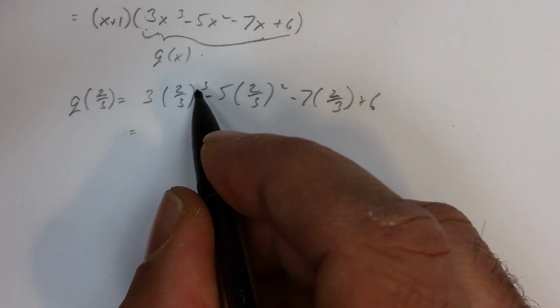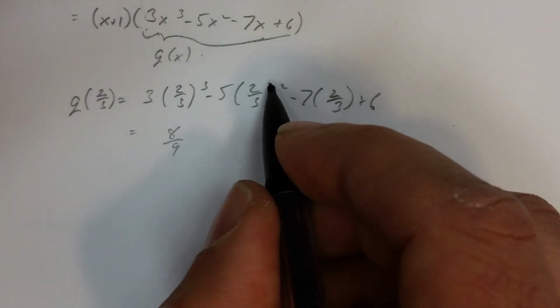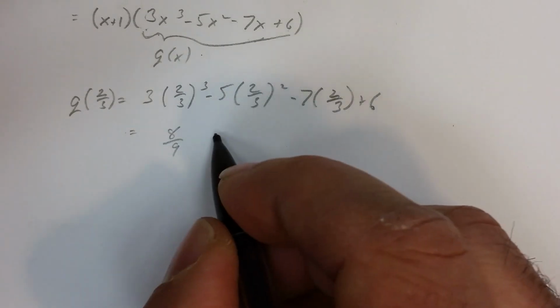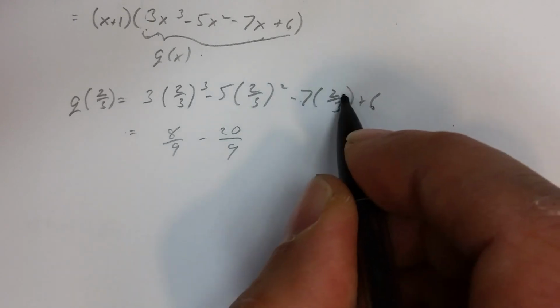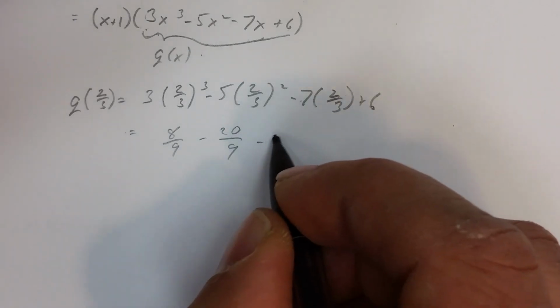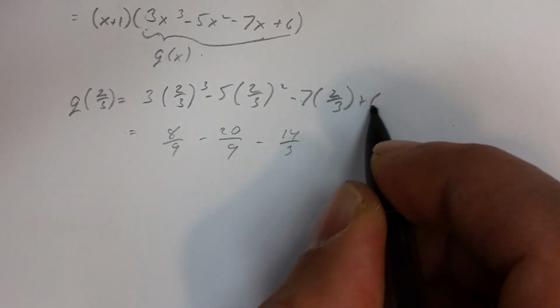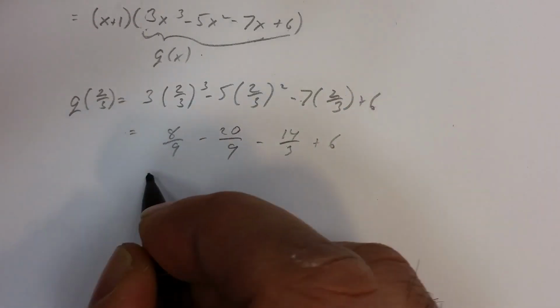And so this is equal to, let's see, 8/9. And what we have here is minus 20/9. So 7 times 2/3 is minus 14/3 plus 6. And let's just keep working on that.